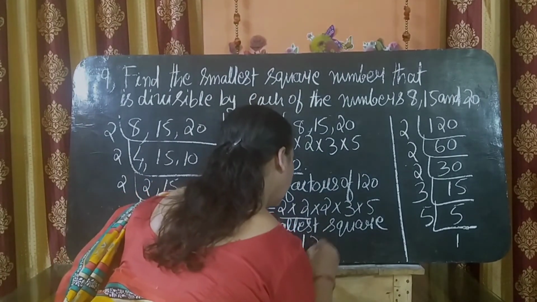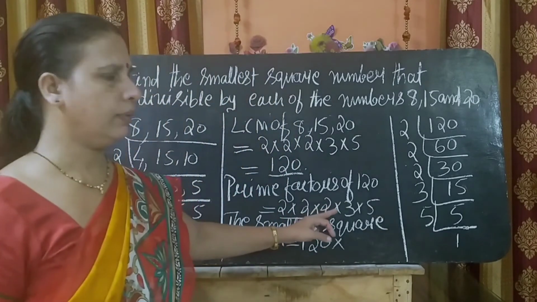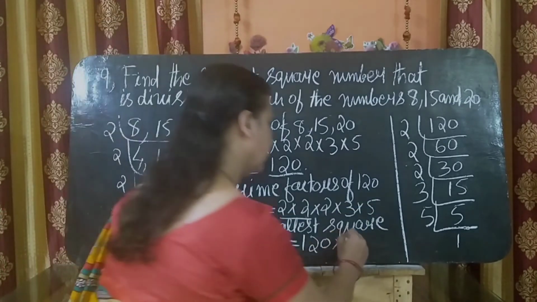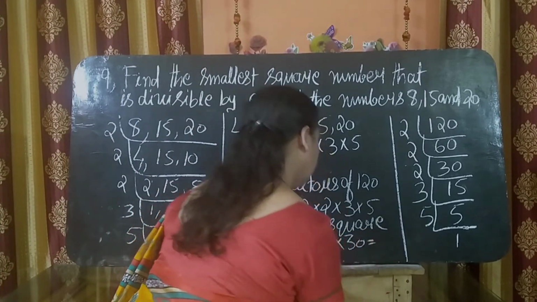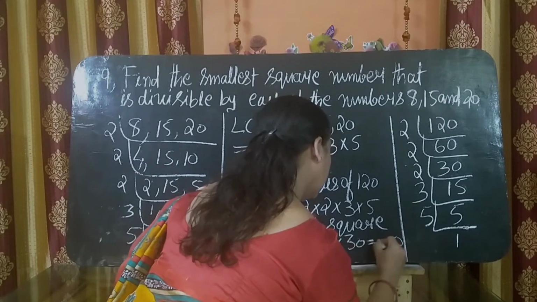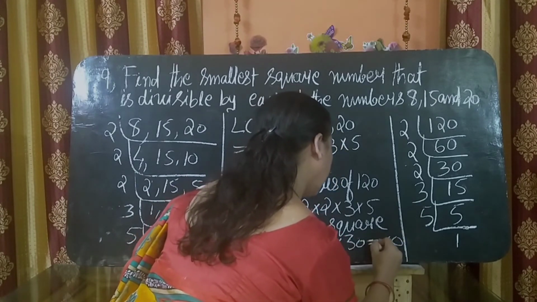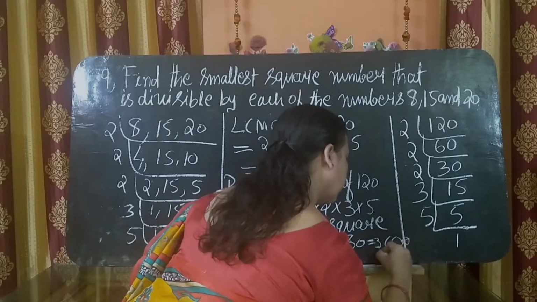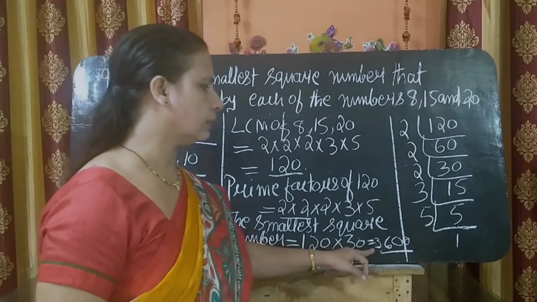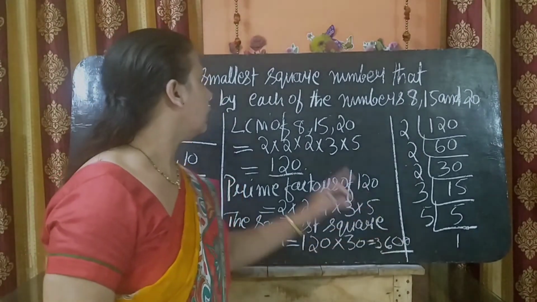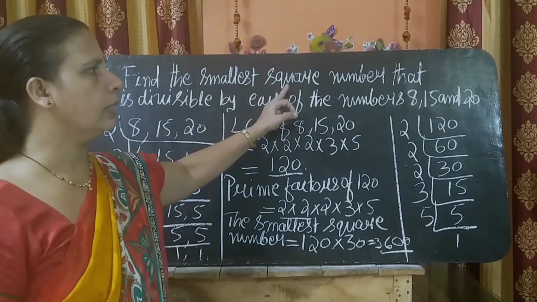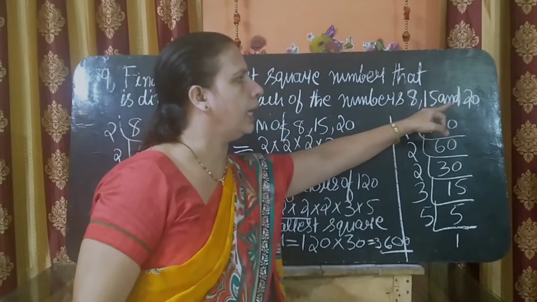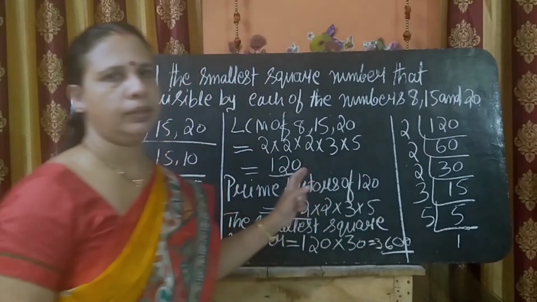LCM 120 multiplied by 30, how much do we get? 0 0, then 3 2s are 6, 1 3 is 3, 6, then 1 0. Answer is 3600. That is the smallest square number completely divisible by 8, 15 and 20. Copy down.